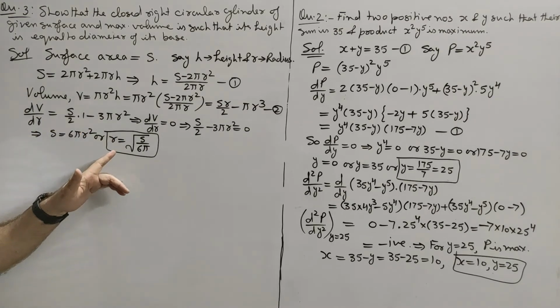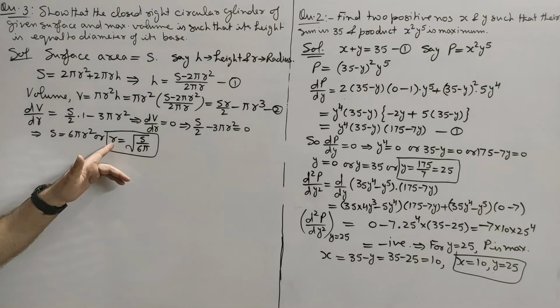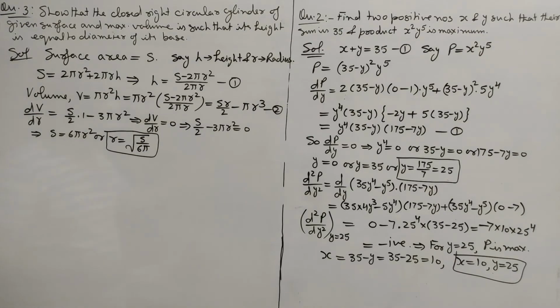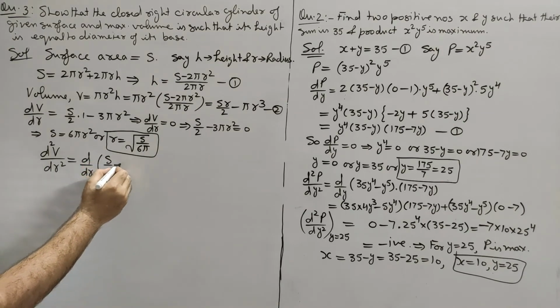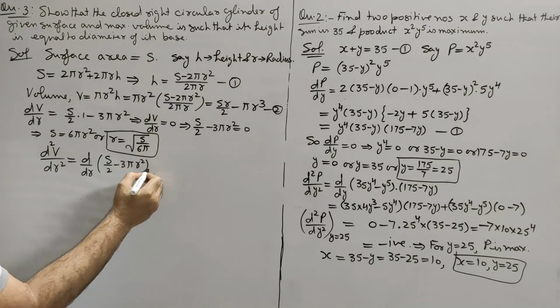Now we will find out whether the volume of cylinder is maximum or minimum for this value of r, and for that we will have to find out the second derivative of volume, and then on putting r is equal to under root S upon 6 pi, we will find out the sign of second derivative of volume. So second derivative of volume, that is d square V upon dr square, will be d by dr of S by 2 minus 3 pi r square.